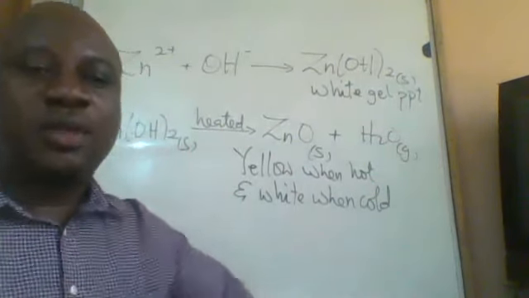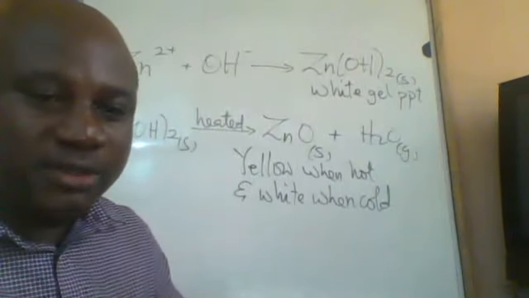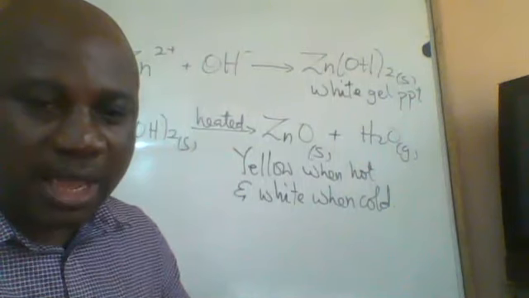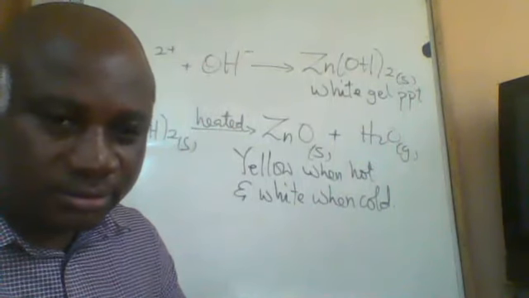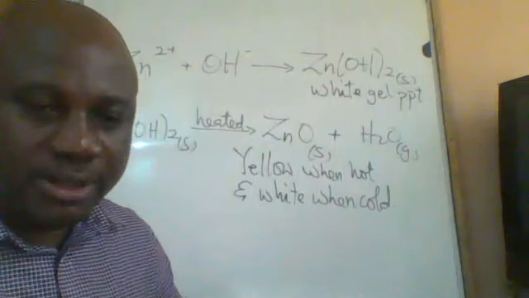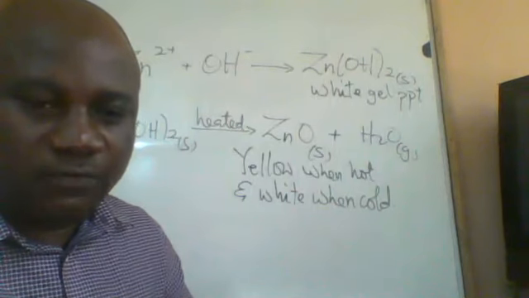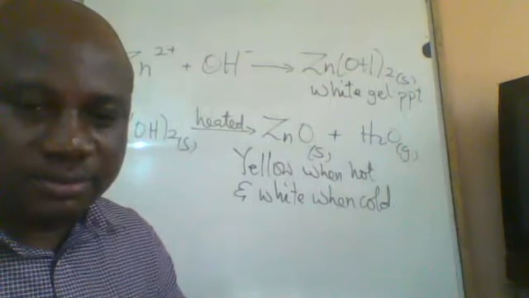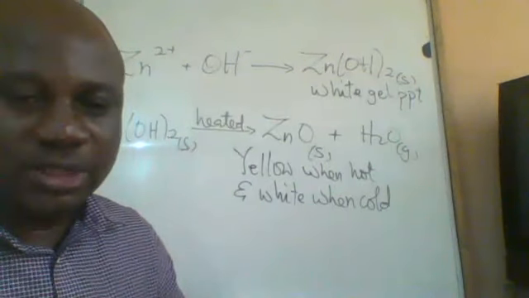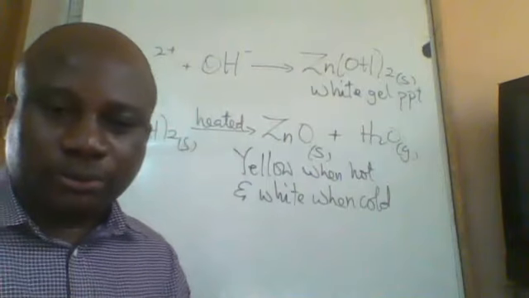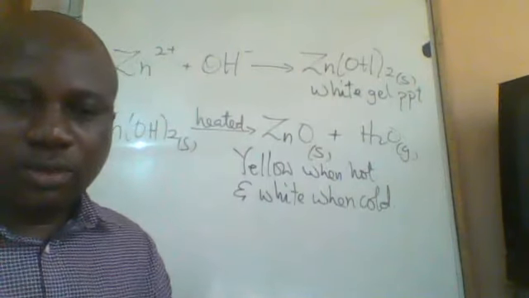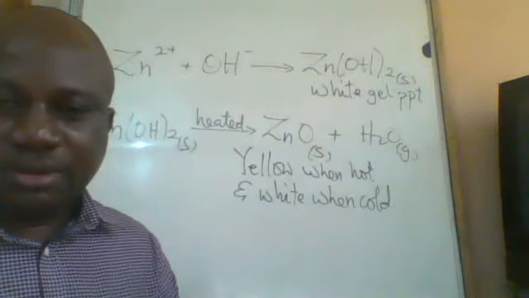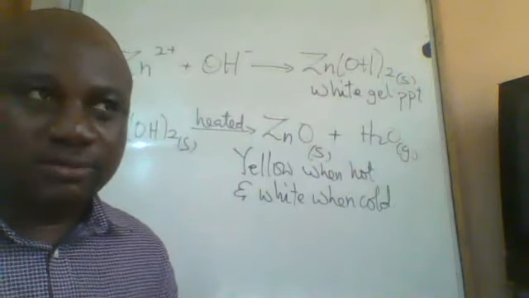Now, another confirmatory test is by adding ammonium chloride followed by aqueous ammonia, and then hydrogen sulfide gas is bubbled through. And that's going to form a white PPT of zinc sulfide.